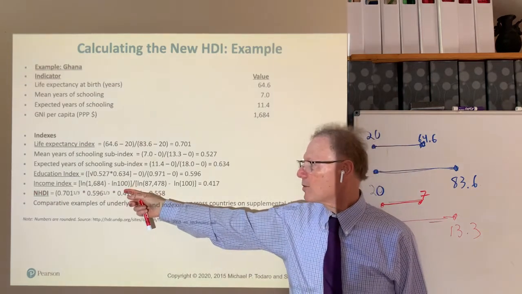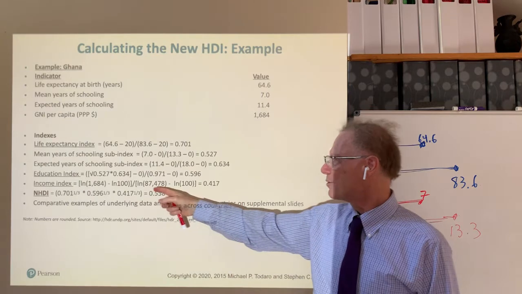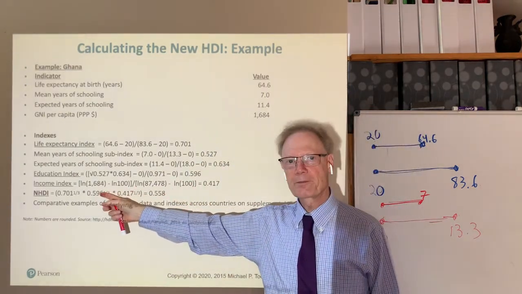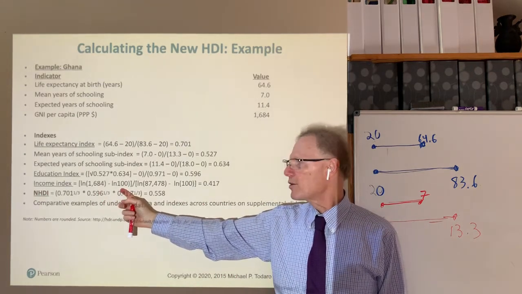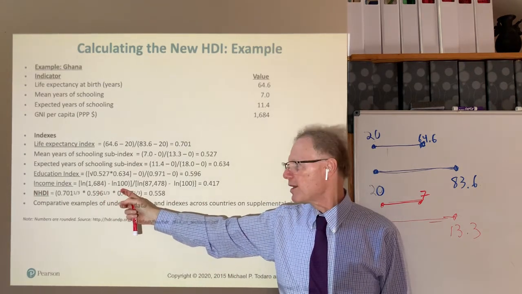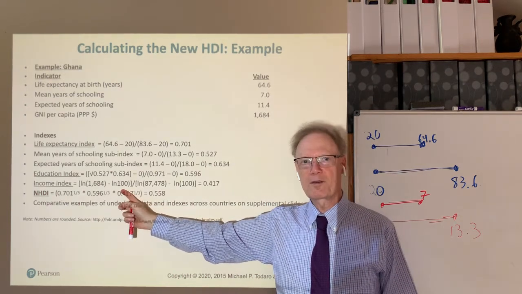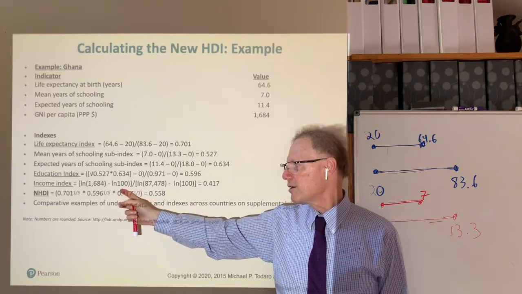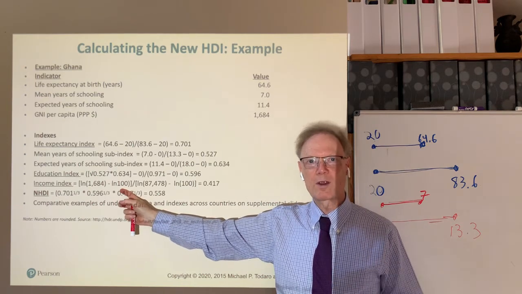And then next we have the income index. And so we start with Ghana's income of 1,684, and the lower goalpost is 100, because that's the lowest estimate that any country is thought to have had on a per capita income in known history. This was the case for Zimbabwe in 1 year.